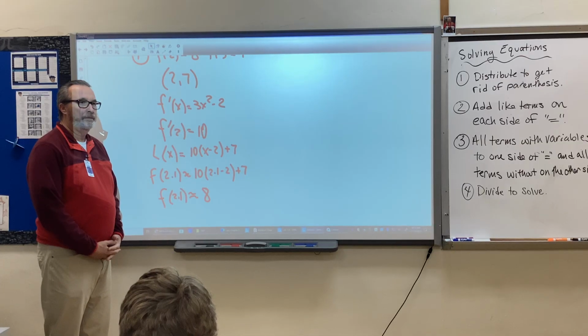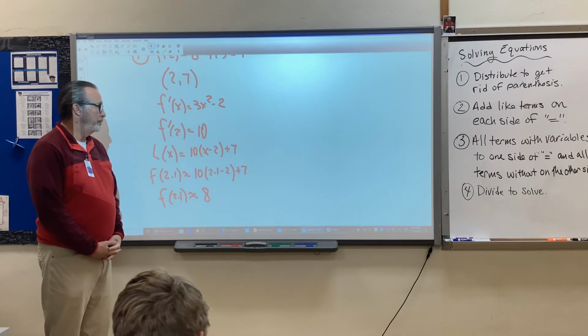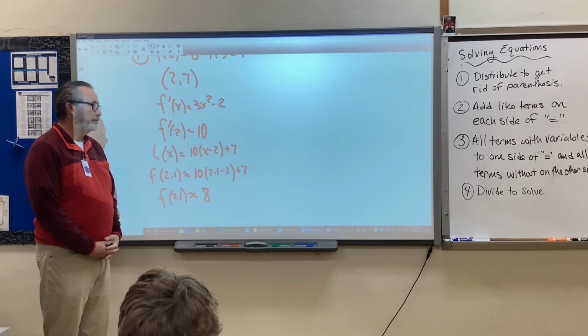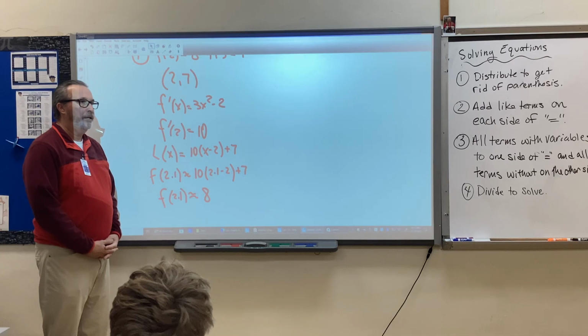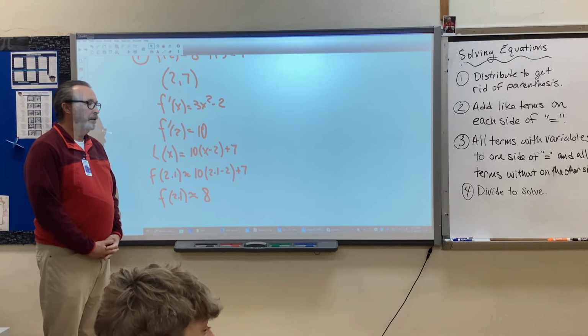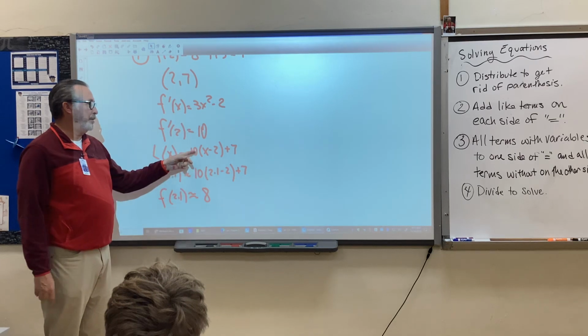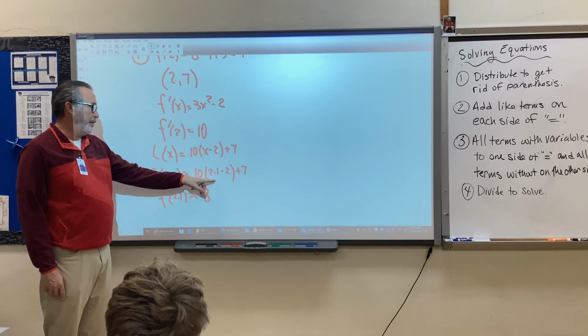Well, I kind of simplified this. It's 10x minus 13, and you always plugged in 2.1, so it'd be 10 times 2.1 minus 13. I did the same thing as the guy. Don't distribute this because it's easy to multiply 0.1 times 10.